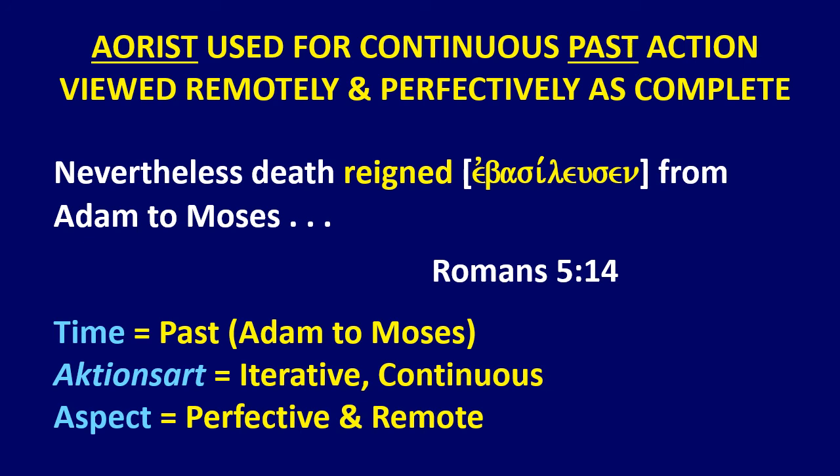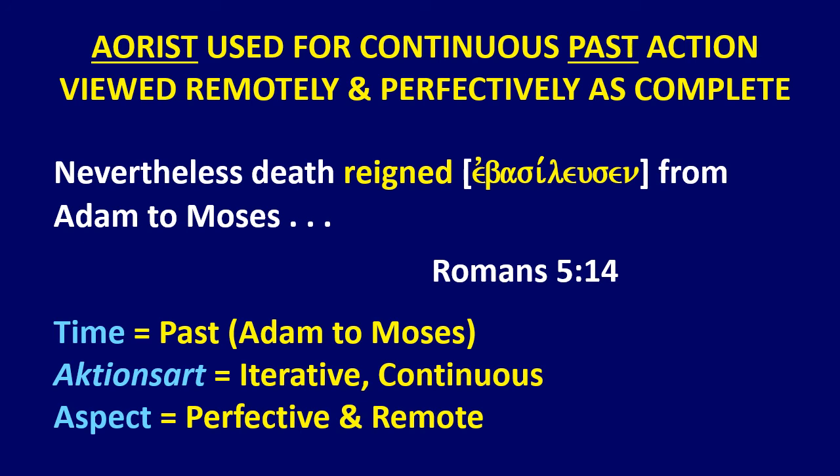And you see a prepositional phrase there, from the first man all the way up to Moses. So for a period of a few thousand years, a couple thousand years at least, a long period of time is the action of the verb for reign, basiluo.